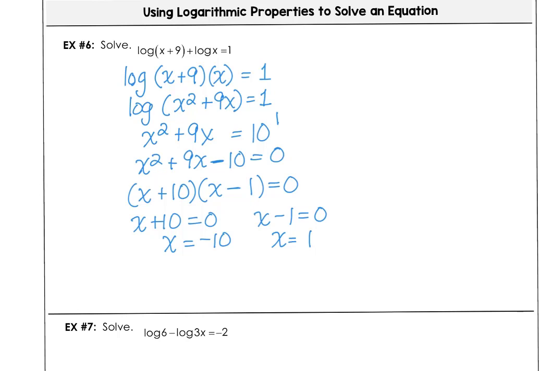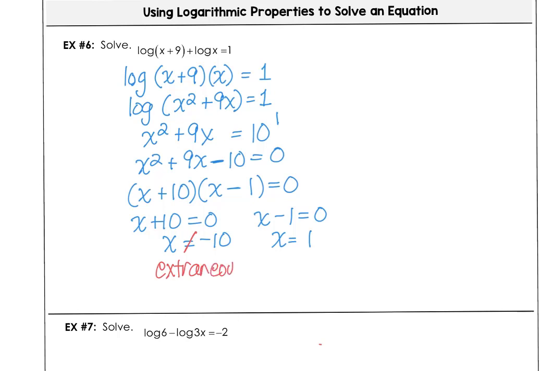Now, if you go back up here to our original equation, you can put negative 10 here, and I'd be taking the log of a negative number. And here we would do the same thing. So those two are not allowed. We can't take the log of a negative number. This is extraneous.